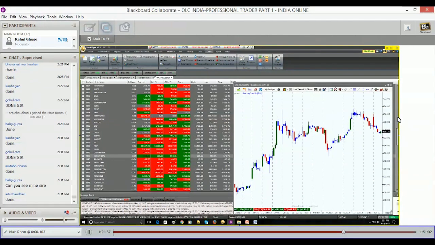Okay, Balaji, I'm looking at your screen only. You're looking at Reliance Infra. You're showing me Reliance Infra, okay? You've marked this one.